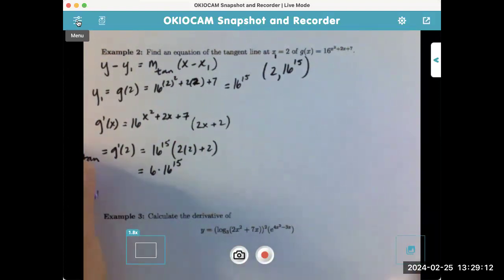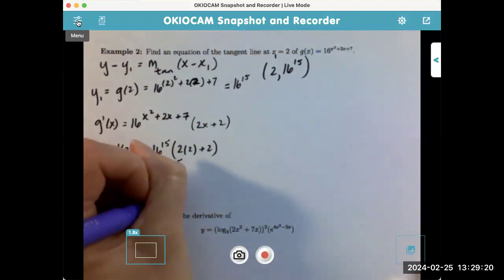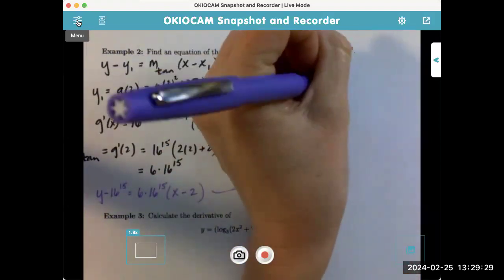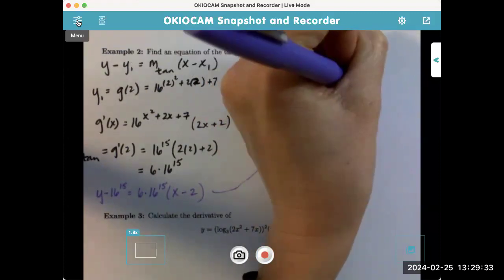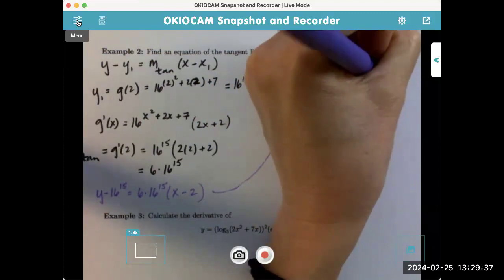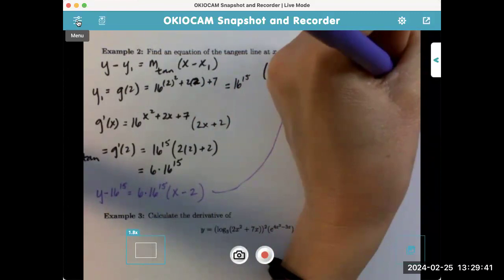this is just y minus 16^15 equals 6 times 16^15 times x minus 2. We distribute. I'm going to come up and over. Make sure you can see. This is y minus 16 raised to the 15th equals 6 times 16 to the 15th x minus 2.